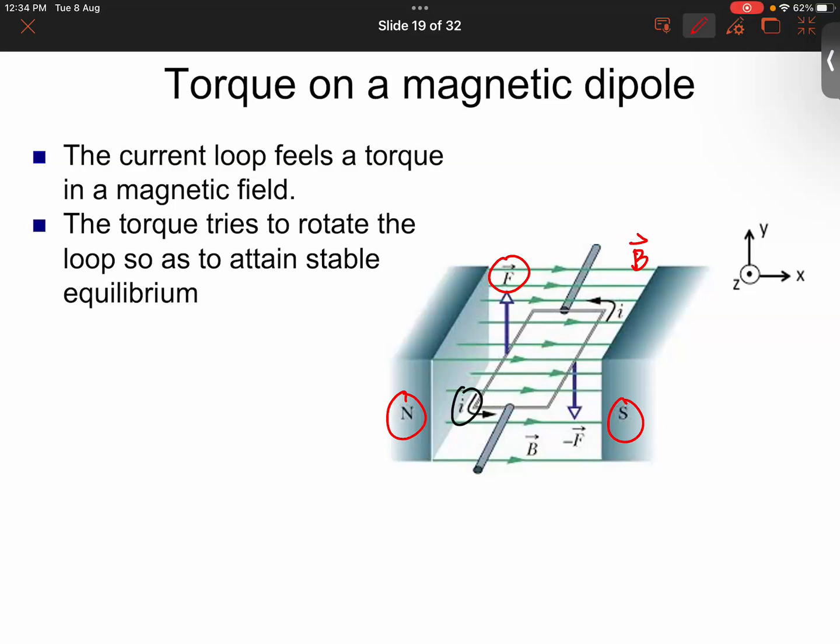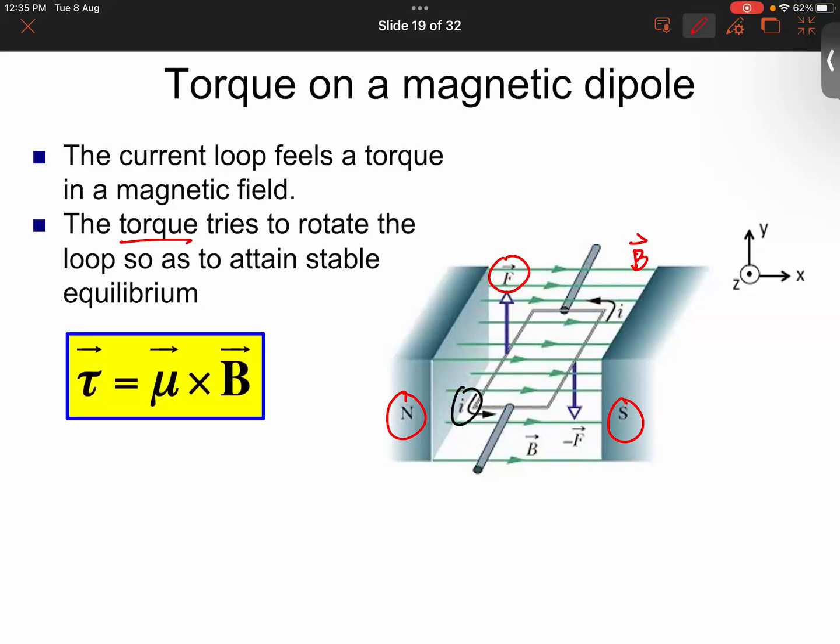If an object starts to rotate, the rotation is because of a torque on that object, and torque comes from the force that tends to pull on that object to rotate it.